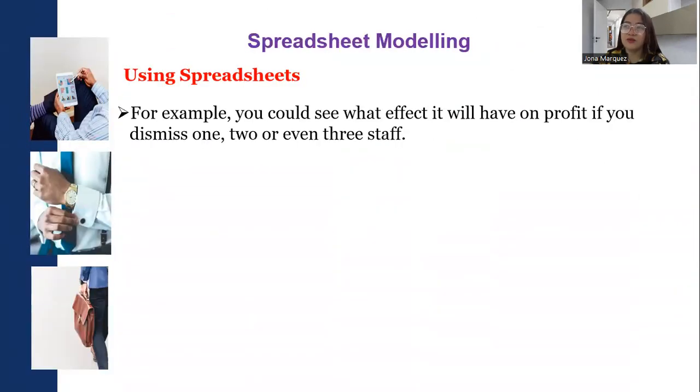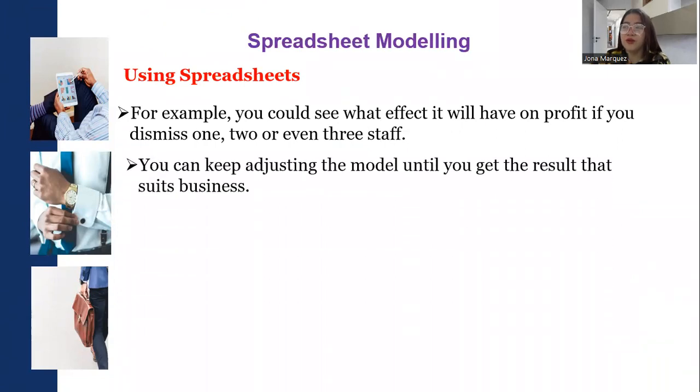For example, you could see what effect it would have on profit if you dismiss 1 or 2 or 3 staff. So these are the examples. You can keep adjusting the model until you get the result that suits the business.